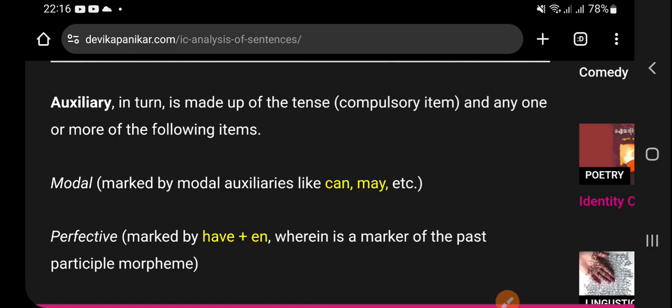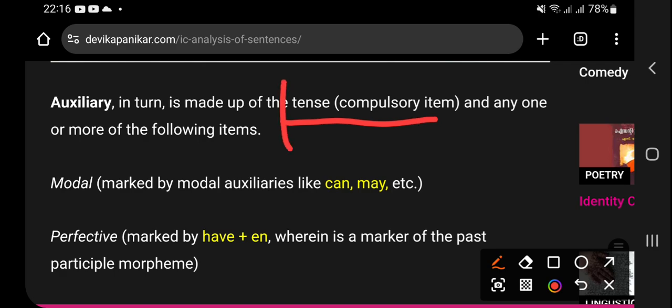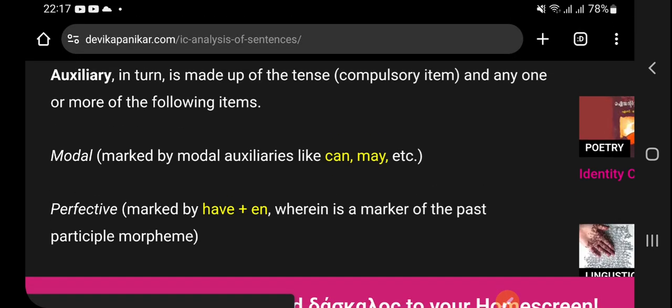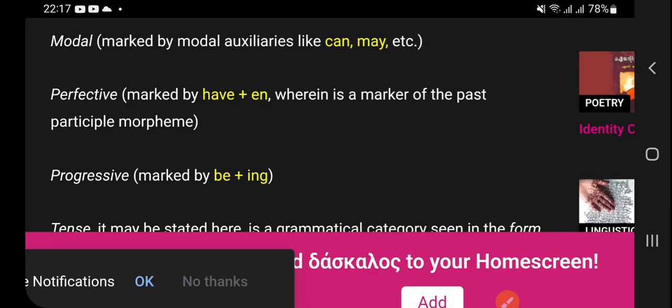So auxiliary means tense, time, must be there, along with the tense or time verb. It is possible that there is also a modal, marked by a modal auxiliary like can, may.